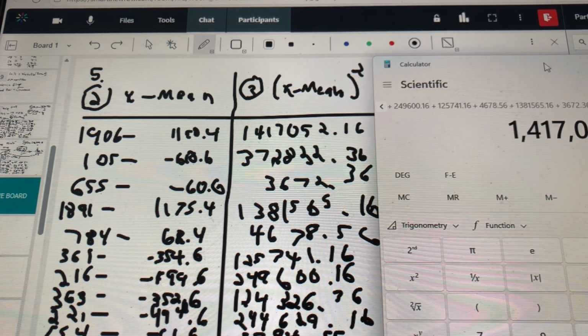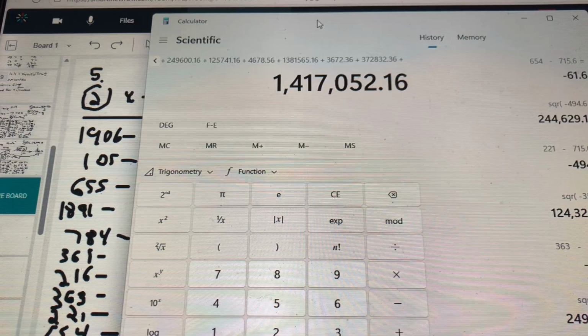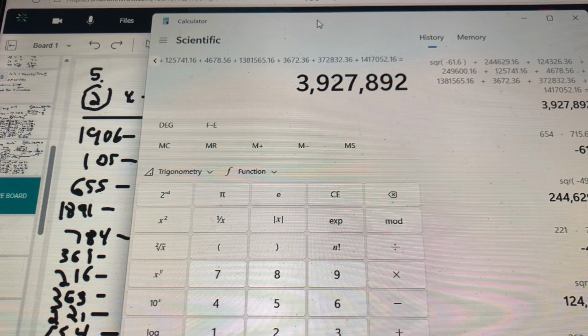Hopefully I didn't misread any of mine. So that's what the sum is.